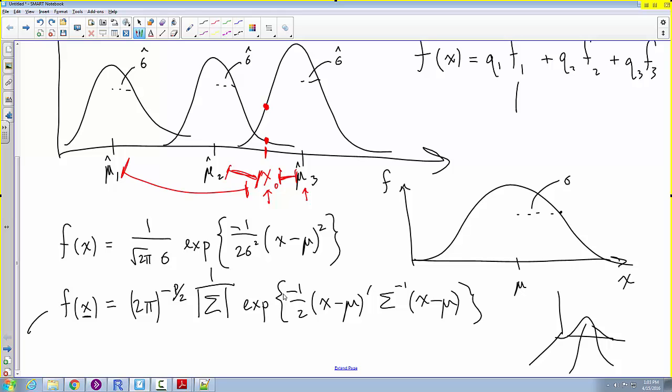With 15,000 gene expression measurements, we could say maybe they're multivariate normal. That means every one of them has its own mean. So here's 15,000 means, and here's a 15,000 by 15,000 covariance matrix. Good luck.